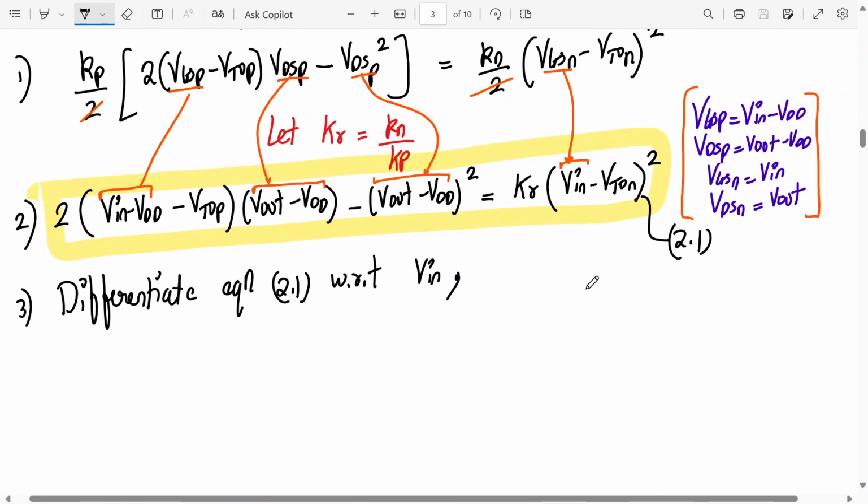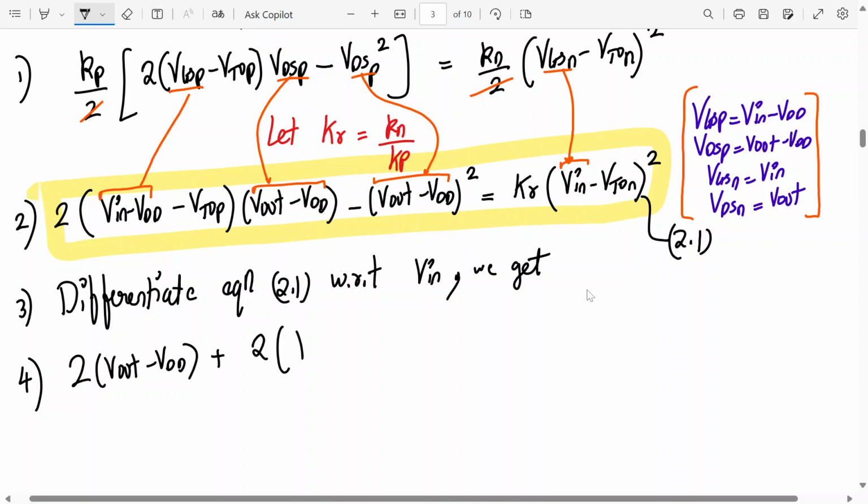Now see, in equation number 2.1 we have V in and V out only, if you see carefully. So by differentiating, V out is the differentiation term, rest everything will be as it is. It is differentiation of a product, so it is twice (V out minus VDD) plus twice (V in minus VDD minus VTOP) dV out by dV in, because it is V in over here.